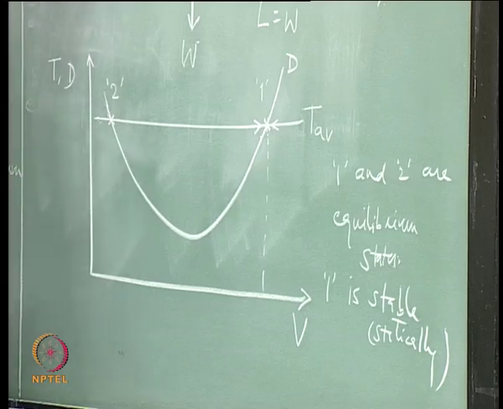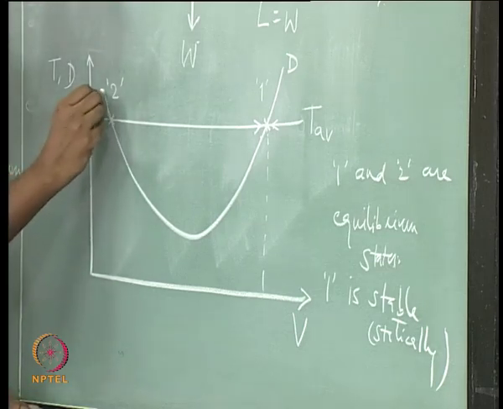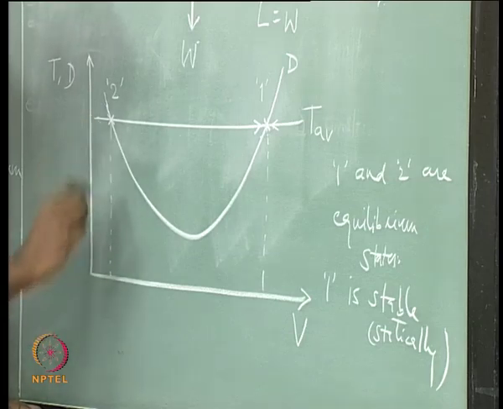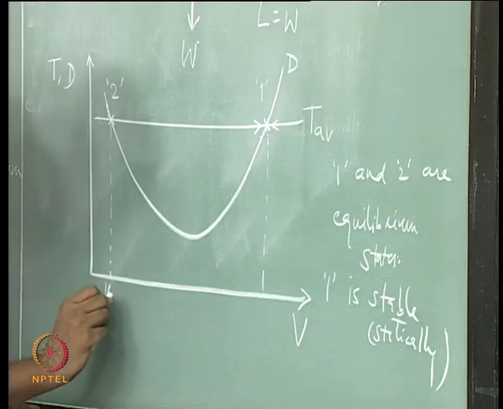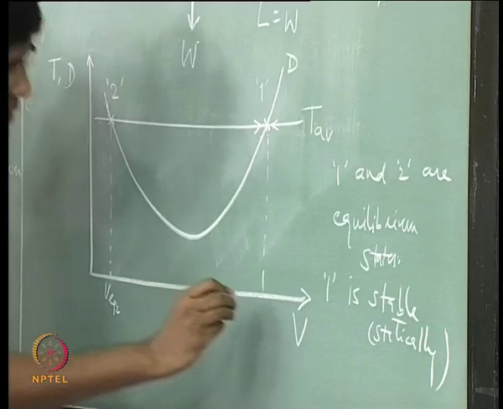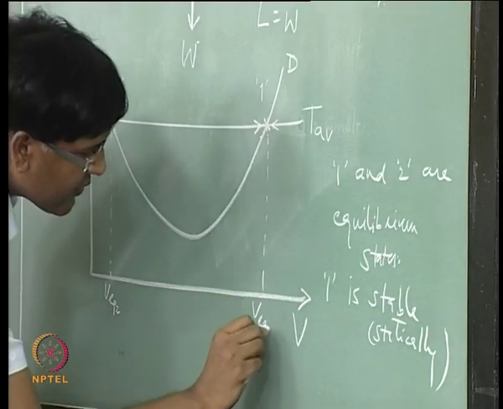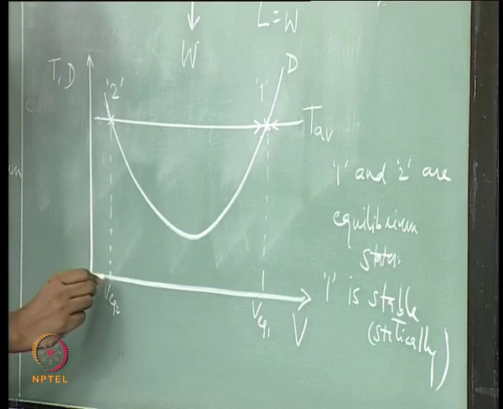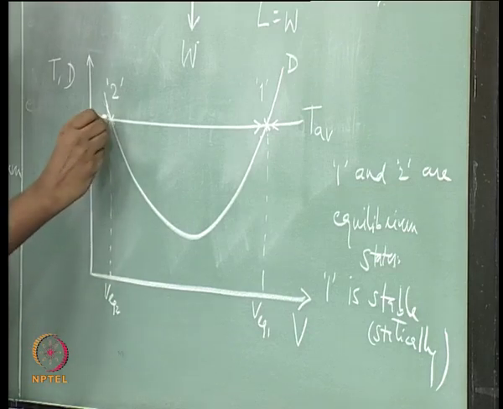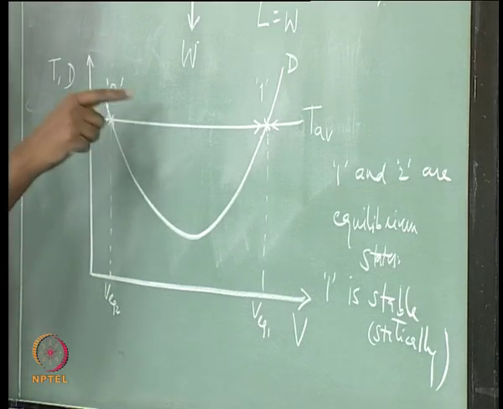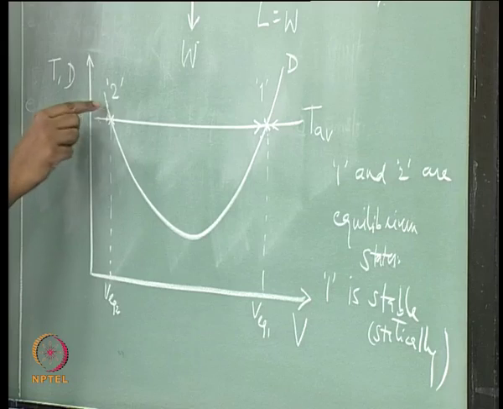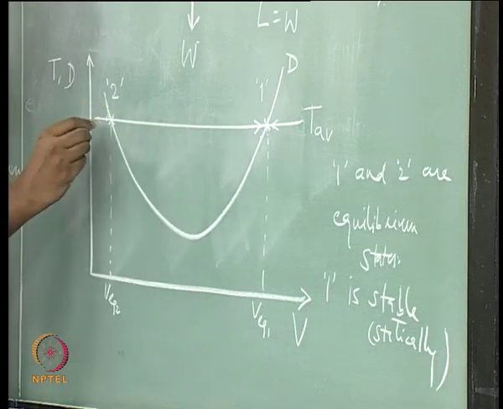We can give the same arguments on this side also for equilibrium state 2. So, this is your V equilibrium 2, V equilibrium 1. If there is a decrease in velocity in this case, now drag is again more than the thrust available.